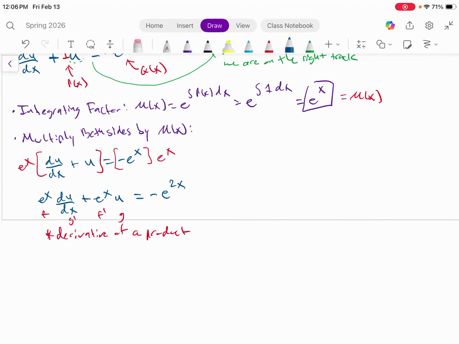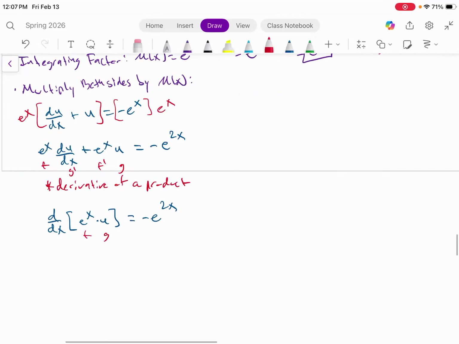So what we have now is a derivative of the product e to the x times u. And so that's my f and that's my g. Okay, so d over dx of e to the x times u equals negative e to the 2x.